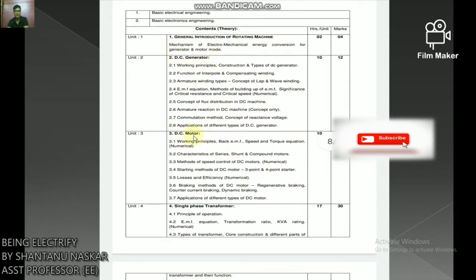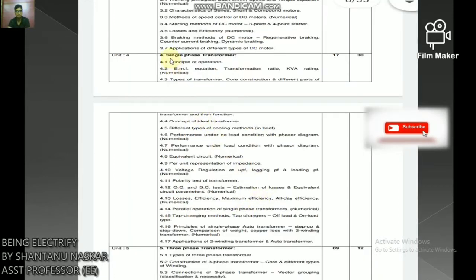As I said, today we will discuss the first topic, single phase transformer: principle of operation, EMF equation, transformation ratio, etc., and also types of transformer. Okay.